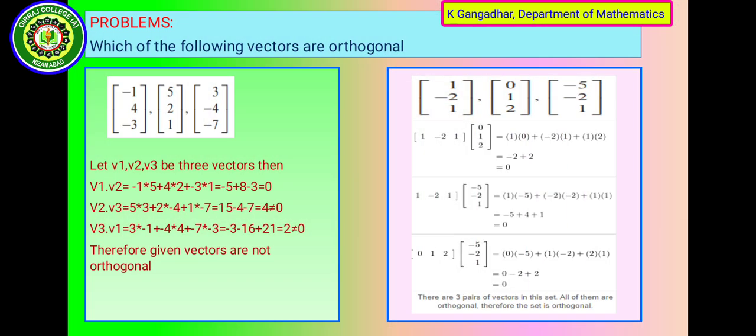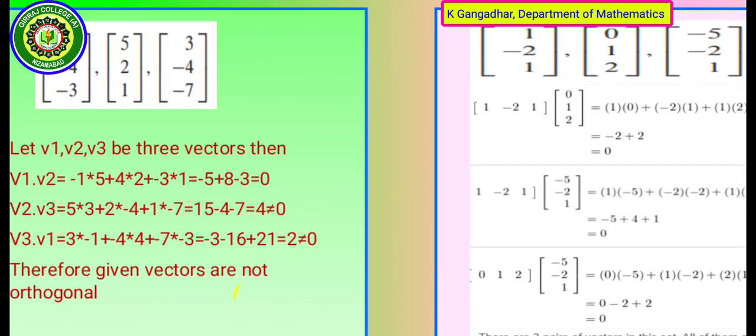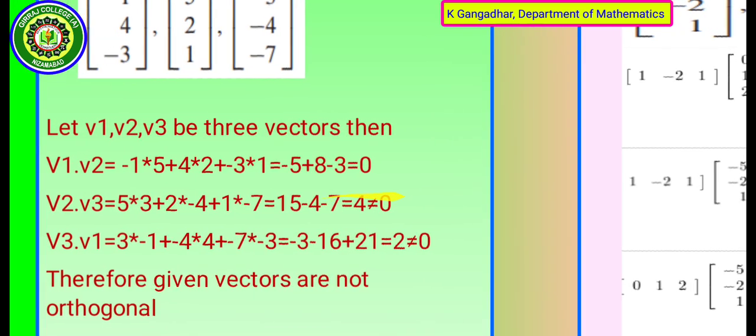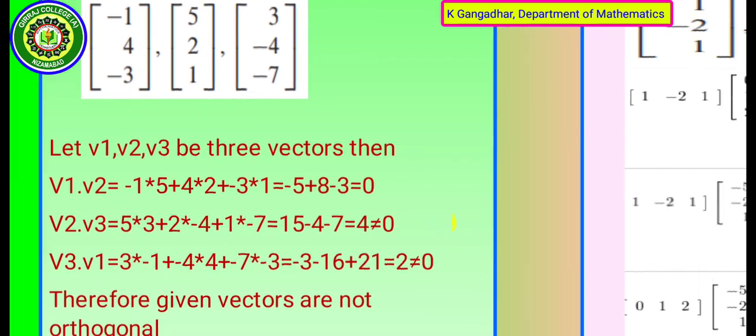So next problem: which of the following vectors are orthogonal? Here three vectors are given, and we check whether they are orthogonal or not. The vectors are (-1, 4, -3), (5, 2, 1), and (3, -4, -7). We call them v1, v2, v3.